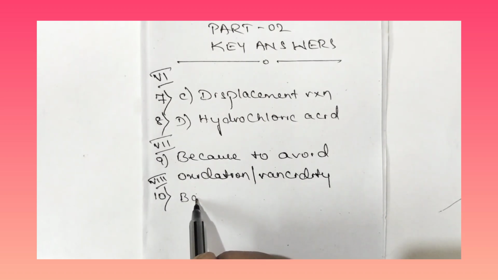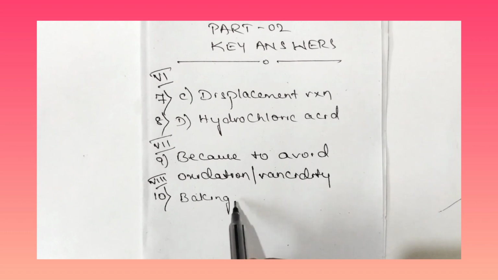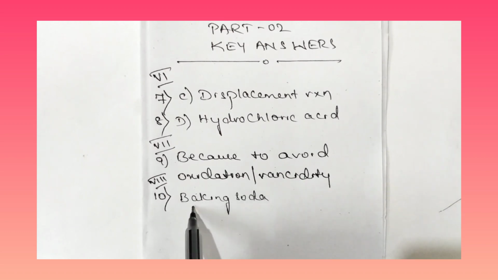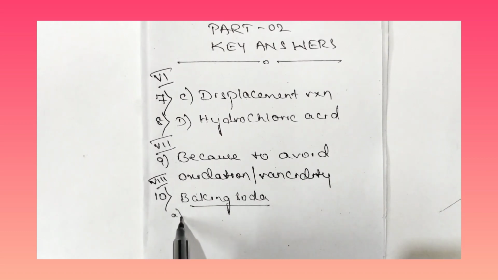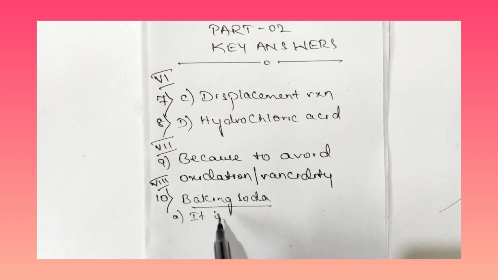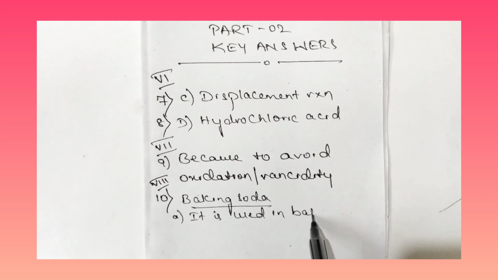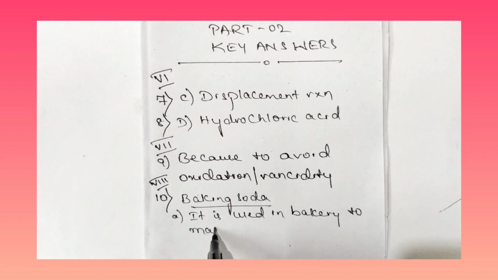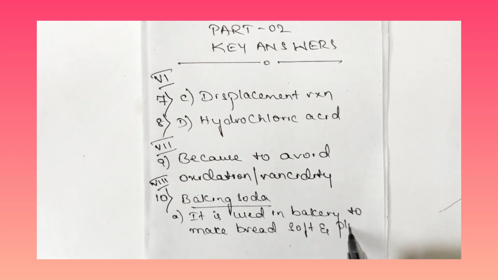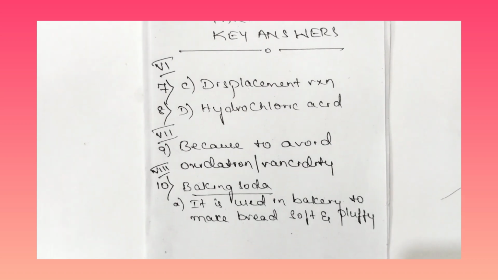Let us write baking soda. What is the important use of baking soda? It is used in bakery to make bread soft and fluffy. To make bread soft and fluffy, we are using baking soda in bakery.